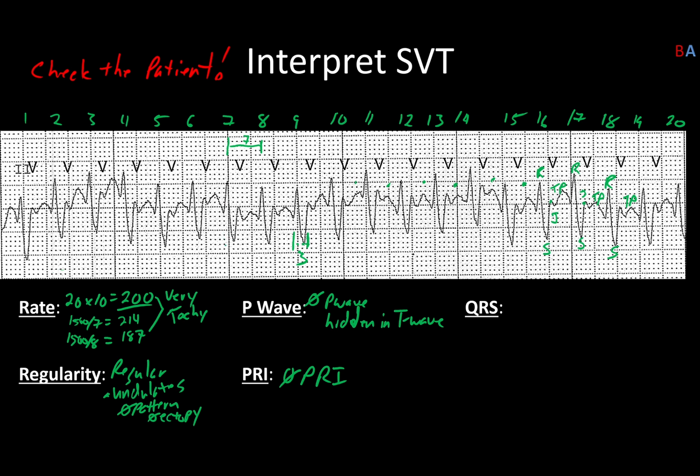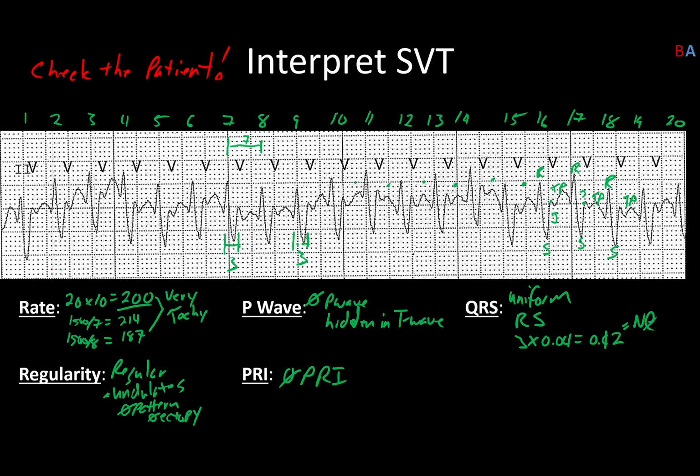Number 7 is a pretty good one because that starts on a solid dot, and this J point again ends right about here. 3. So we have uniform. They have an RS pattern, and we have 3 times 0.04 equals 0.12, which is actually normal.